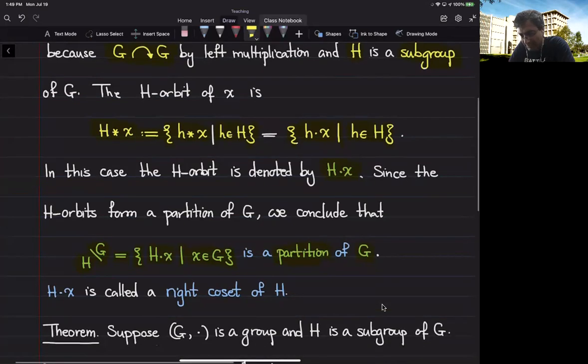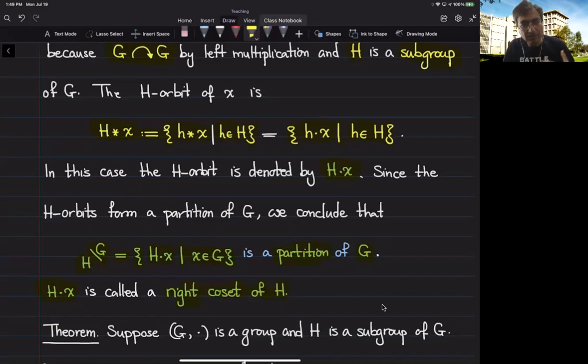H is acting on the set G, and therefore the set of H orbits form a partition of the set G. In this case, H dot X is called a right coset of H. Now I'm putting emphasis on H, and I'm saying that I'm shifting H by X, and therefore, because I'm doing it from right, I call it a right coset of H.